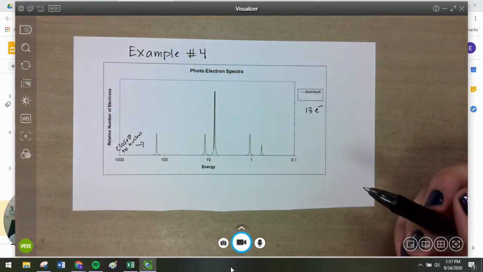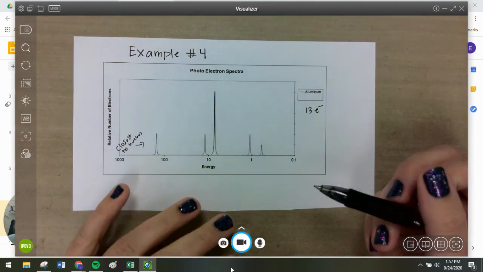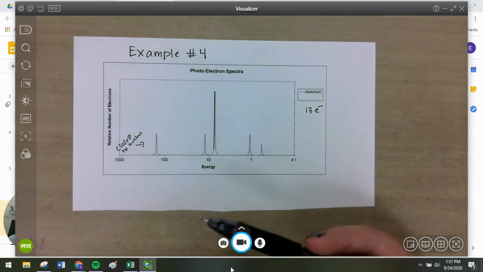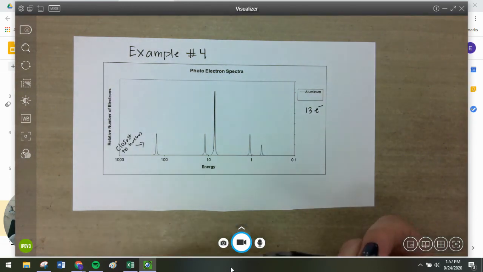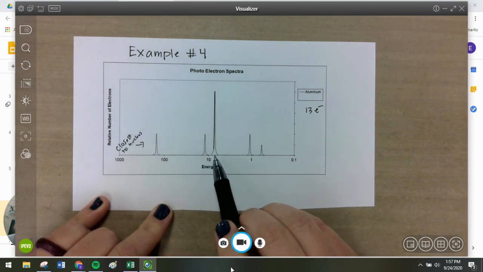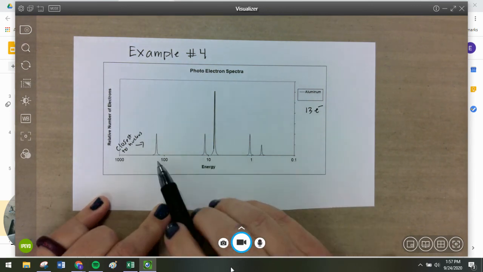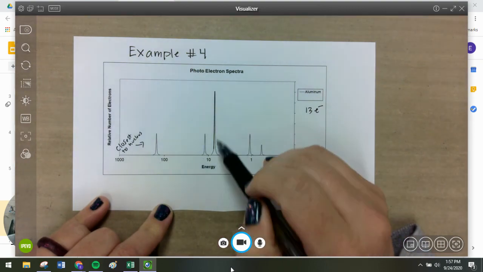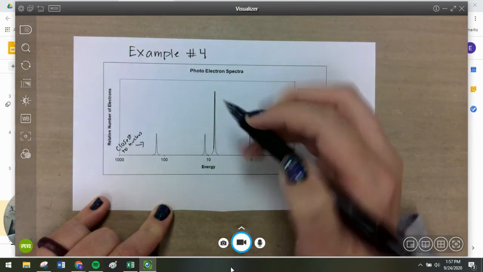So if you remember what we talked about with our subshells, there are some common numbers that you start to see. The S subshell can hold 2. The P subshell can hold 6, and so on and so forth. So what you are hopefully starting to see is some patterns here. Now I've got 13 electrons. This peak is really high and about triple the size.